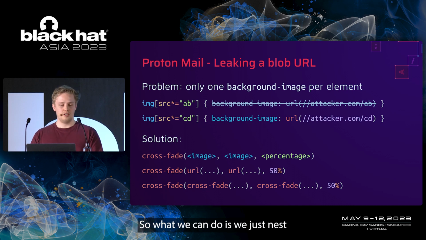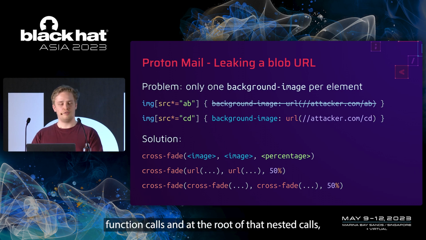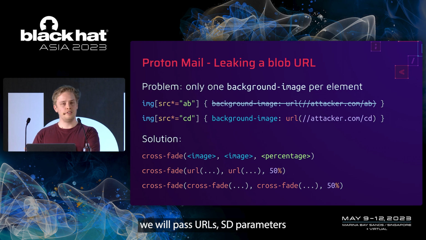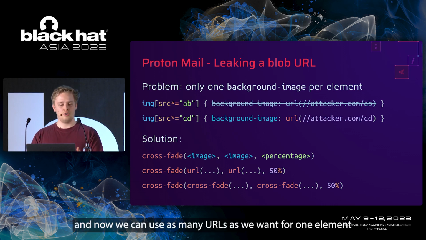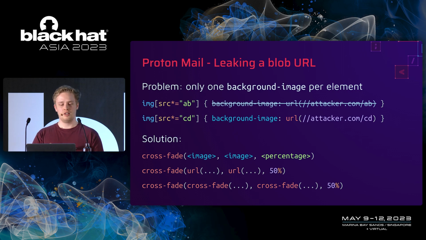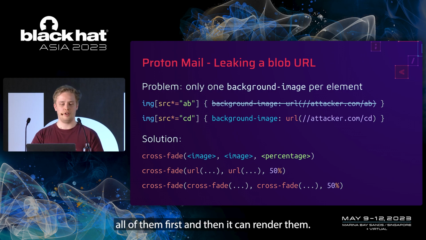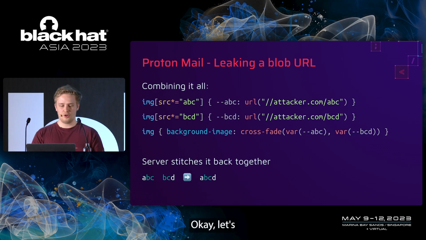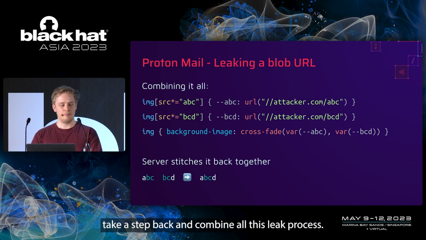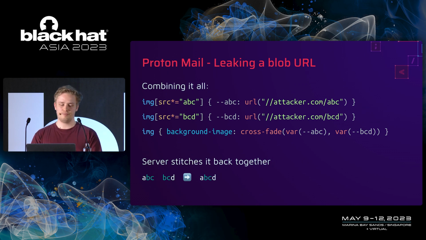So we just nest a lot of crossfade function calls, and at the root of those nested calls, we pass URLs as the parameters. And now we can use as many URLs as we want for one element, because in order to render the whole thing, to overlay all the images, the browser, of course, has to request all of them first, and then it can render them.